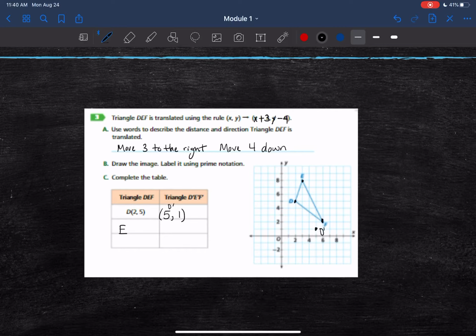All right, let's look at E. E is located at 3 comma 8. So E prime, I need to add 3 to the x, so that's going to give me 6, and subtract 4 from the y, that's going to give me 4. E prime is at 6, 4. All right, and lastly, I need to get F, and F is located at 6 comma 2.